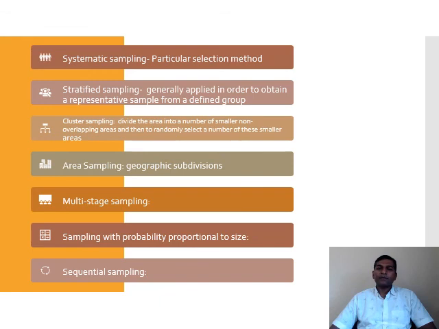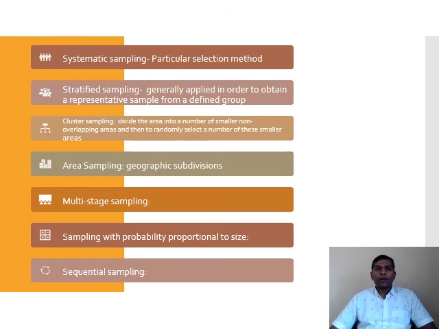Multi-stage sampling. So we will have overlapping sampling methods also. A huge group will have subgroups, and then into those subgroups again, and this can be used for sampling methods. Again, this is as per the requirement of a project.